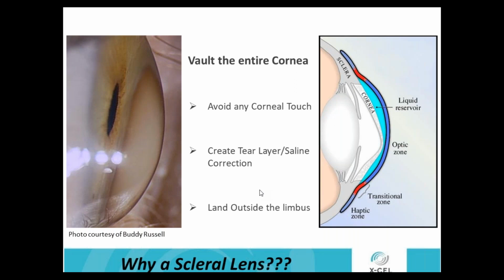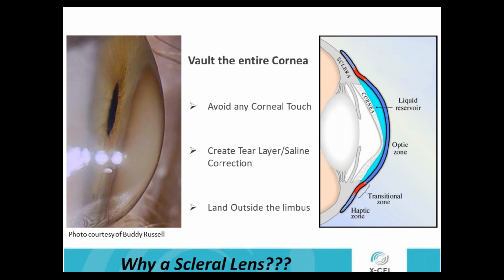When Scleral started out, when they became popular, it was mostly for those irregular corneas. And another goal that we'll talk about is landing outside the limbal area, or the limbus, and how those philosophies have changed a little bit. And it can be specific to practitioner on what they try to do in their fitting philosophy.